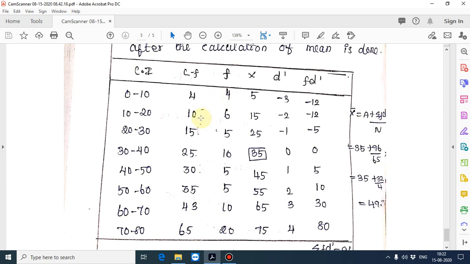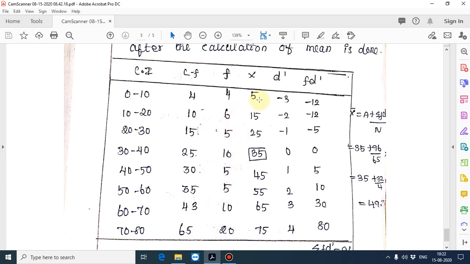Then the next value 10 minus 4 is 6. Then 15 minus 10 is 5. 25 minus 15 is 10. 30 minus 25 is 5. 35 minus 30 is 5. Then 45 minus 35 is 10. 65 minus 45 is 20. We are calculating f like this.